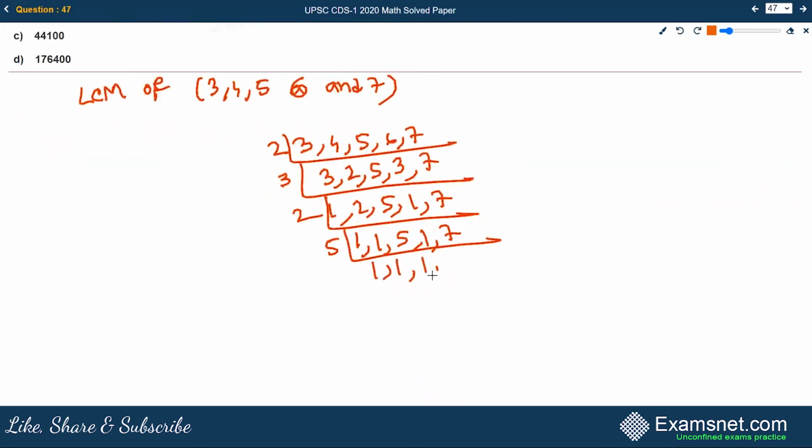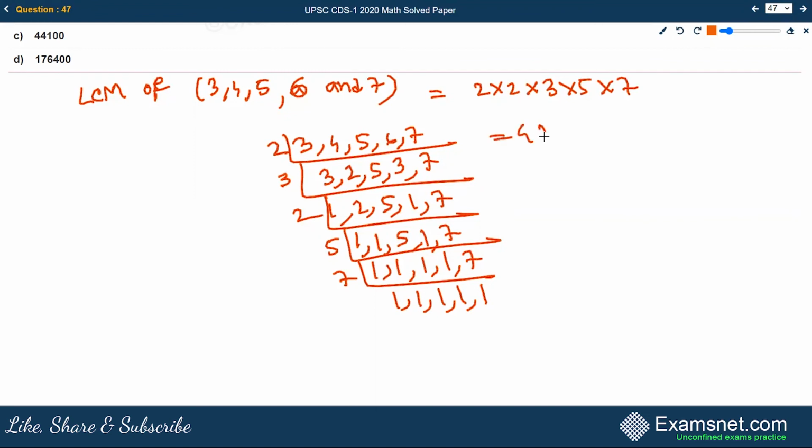So 1, 1, 1, 7. Next, 7, 1. So yes, now we can find the LCM of 3, 4, 5, 6, and 7. That is 2 multiplied by 2 multiplied by 3 multiplied by 5 multiplied by 7. We will get the value 420.